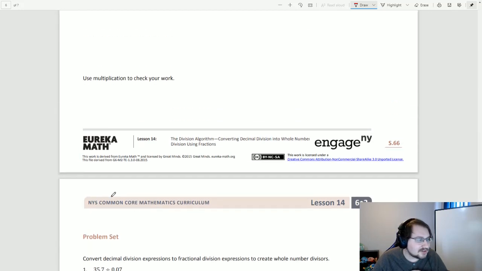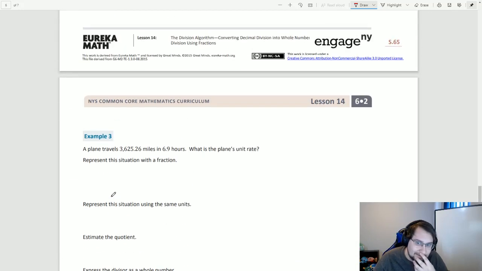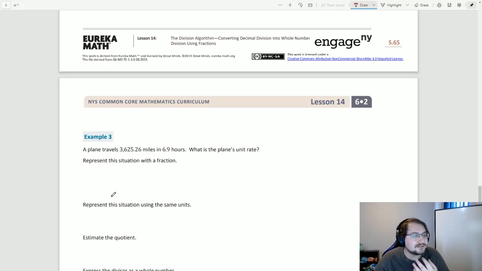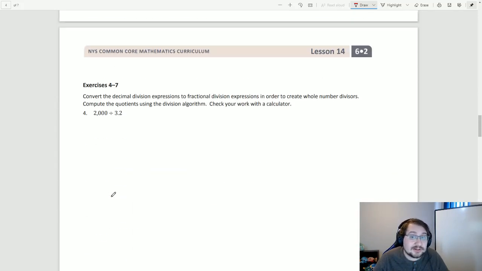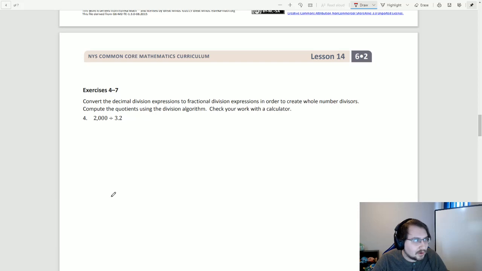But we'll touch on example 3 in the future. It just takes what we've been doing and puts it into a word problem. So we'll touch on that a little bit. But for now, your classwork to do right now all on your own is exercises 4 through 7.